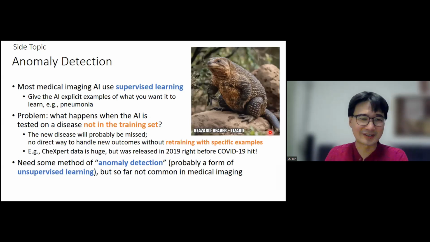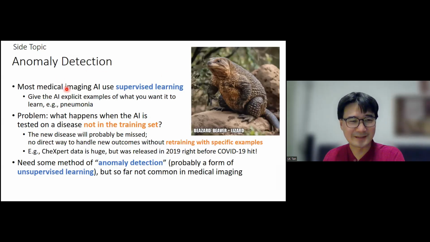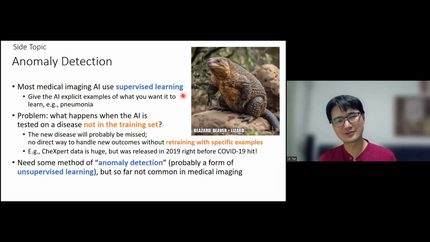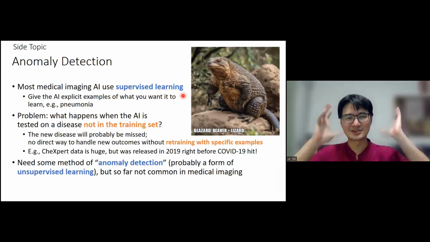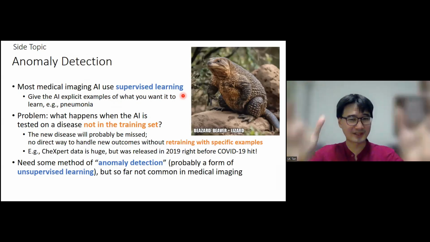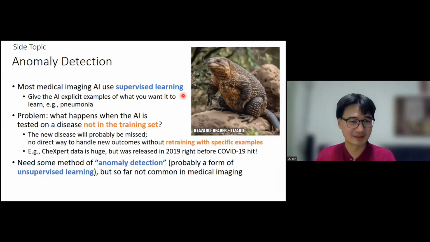Which brings to another side topic, which is anomaly detection. Most of the examples I talked about is under a particular field called supervised learning, which means you give the AI the data and you tell the AI exactly what the correct answer should be, right? So the problem is what happens when it's tested on disease not in the training set.